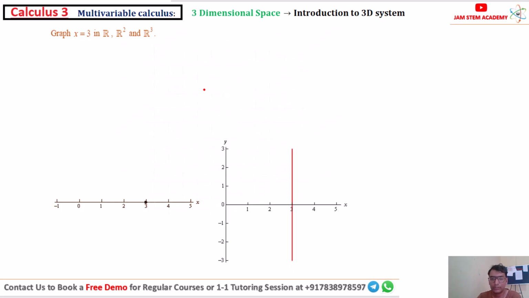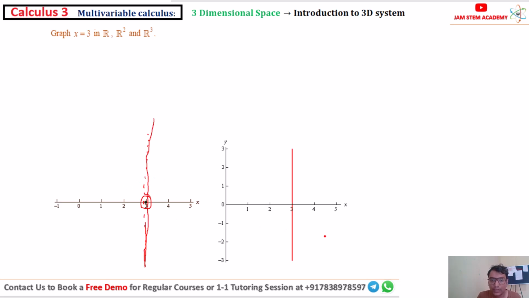Now, we have to generalize this to R3, in space. How can I generalize it? See, I started with 1D and I got only one point over here. Then for 2D, I generalized it because y can be any real number, so all the y values lying here will be part of the solution.